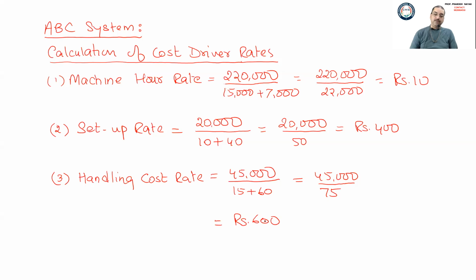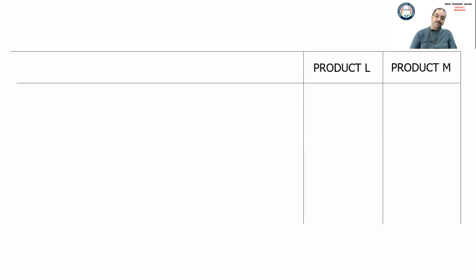Then, so now let us calculate the total cost of L and M as per activity based costing. So I'll prepare a small statement. Statement showing overheads absorbed.